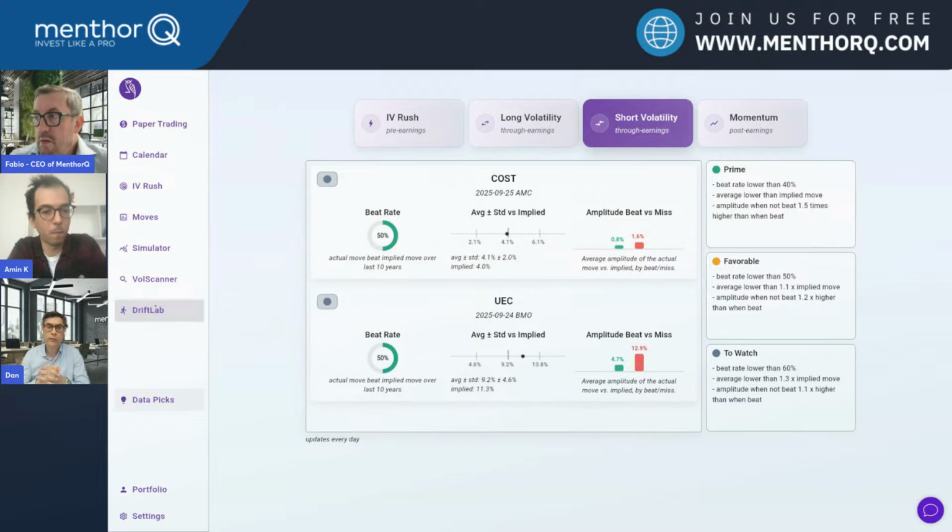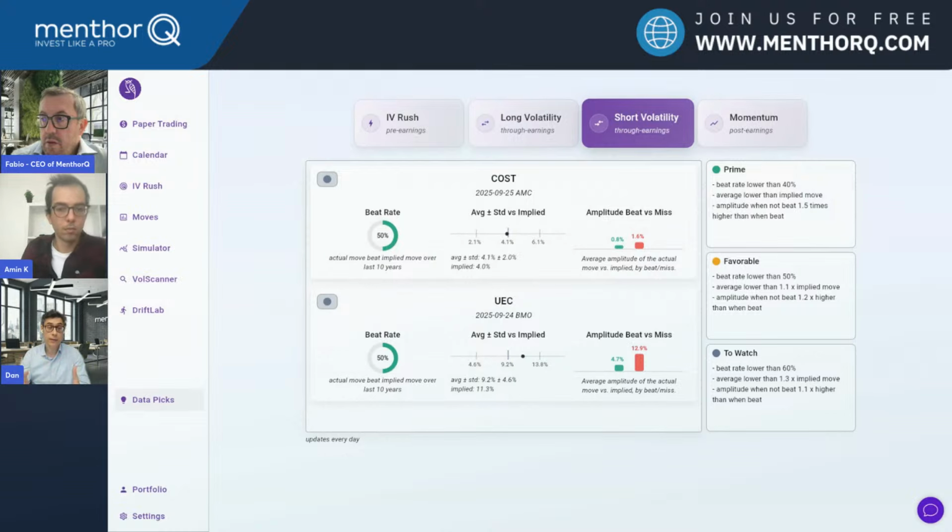If we concentrate on what we have in the middle, we have short volatility through earnings. So we have an earnings event, and take Costco, which reports on the 25th, which is, if I remember correctly, the Thursday. It will report after market close.